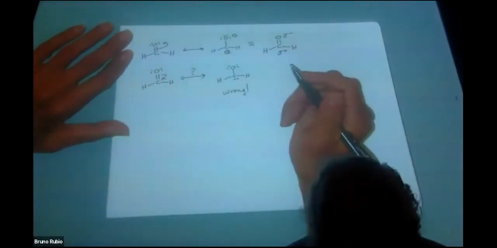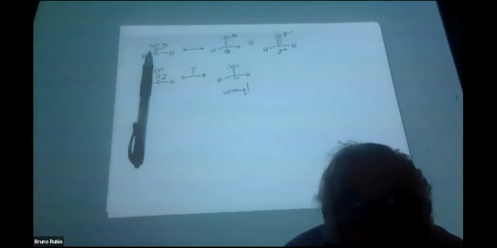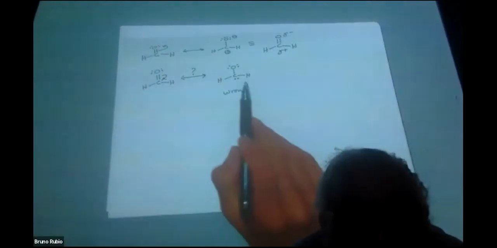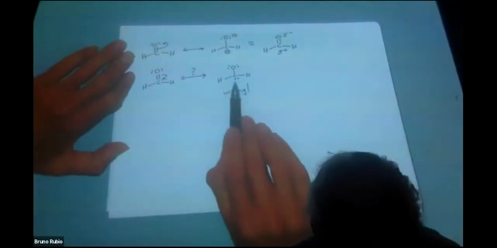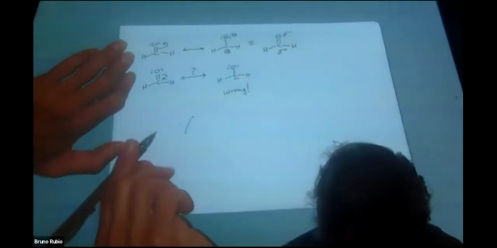Why? Tell me in the chat. What is so terribly wrong with this resonance structure? Oh, oxygen doesn't have an octet. For one thing, I destroyed the octet of this oxygen atom. Another thing that's wrong with this resonance structure is that I haven't written the formal charges.